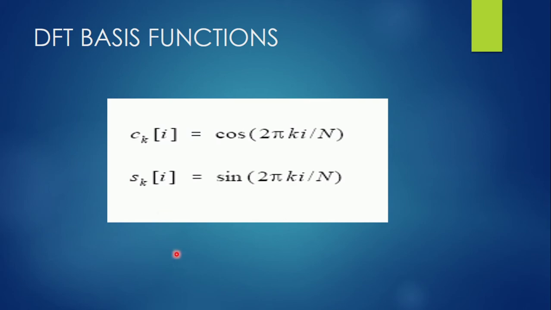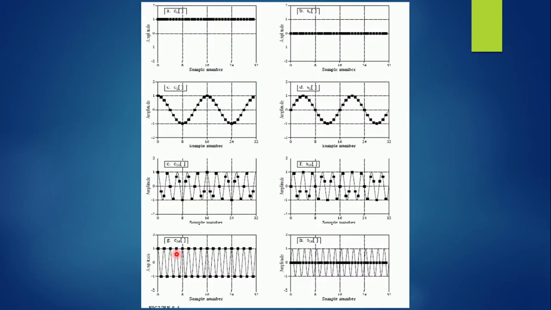These can be implemented on the computers. Now these are the basis function. We haven't come to the actual DFT equation for the analysis or the synthesis. So far what we are discussing, the sine waves and the cosine waves into which the signal has to be decomposed.